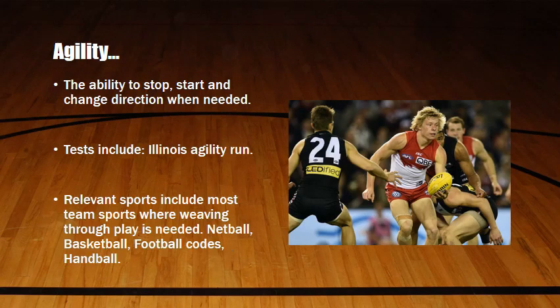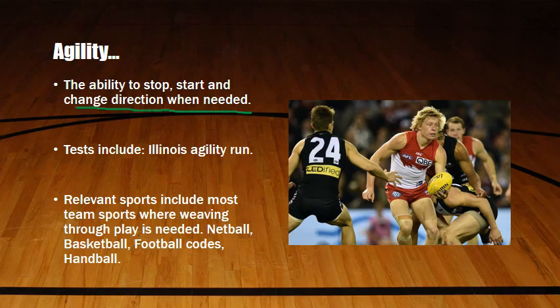Alright, now we're looking at the skill related fitness components. We've got agility. You can see Mr. Heaney here, he's playing a sport that involves a lot of agility. Essentially any of our team sports are going to involve a lot of agility. And that's because there's a lot of elements that we need to duck and weave between.